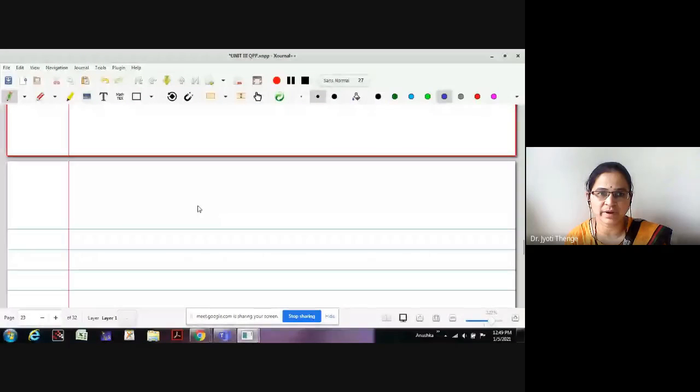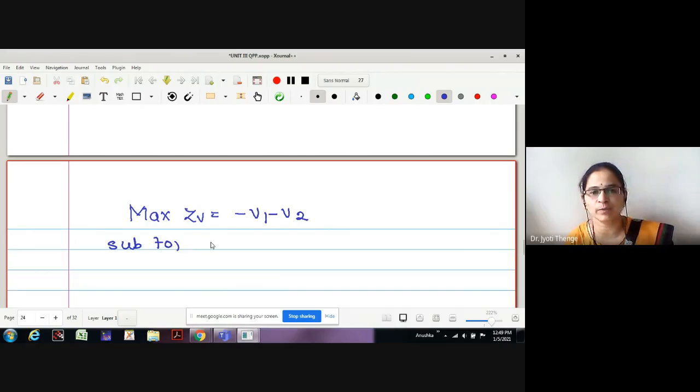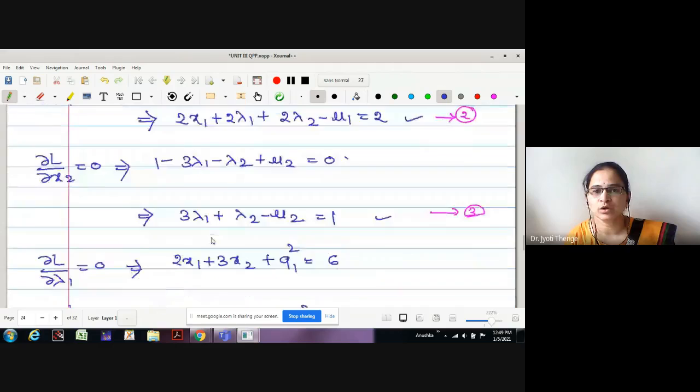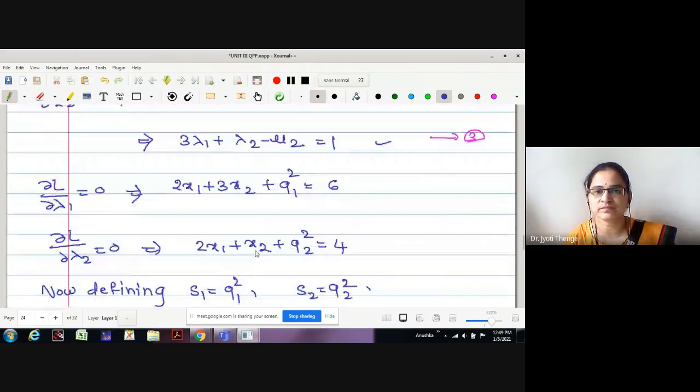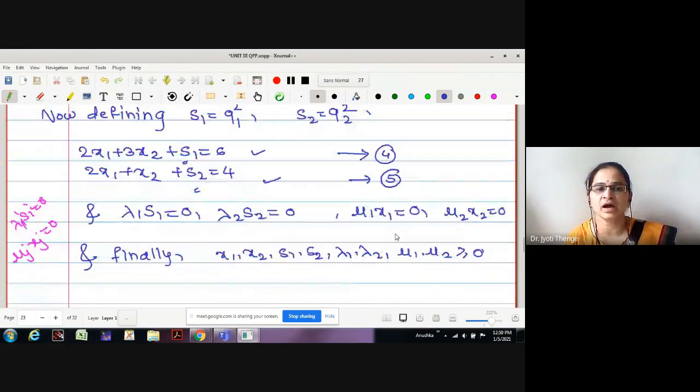This is maximize. Two artificials are necessary, no? Therefore, this is maximize Zv equal to minus v1 minus v2, subject to. How many conditions do we have? These 2, 3, 4, 5. But in 2 and 3 we have to add artificial variables.